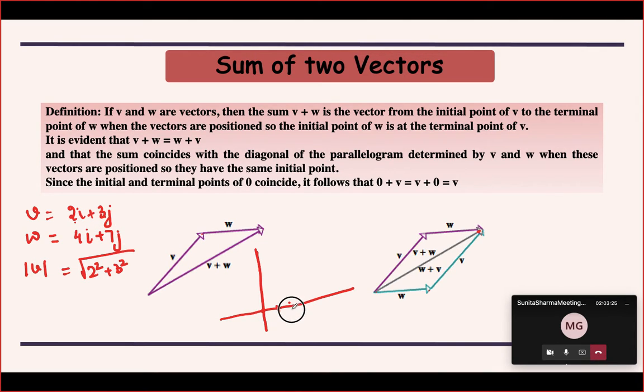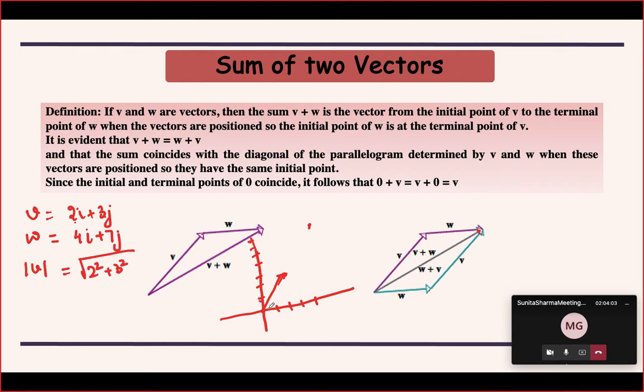So just mark 2 units here and 3 units here, and this is your vector v. In the same manner you can also mark your vector w as 4 comma 7. That will be the coordinates of the end point, and the initial point is the origin. This is the terminal point, so just join origin to this point. That is how these two vectors will be represented geometrically.